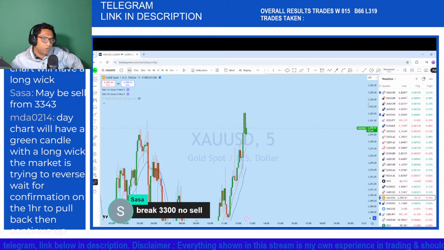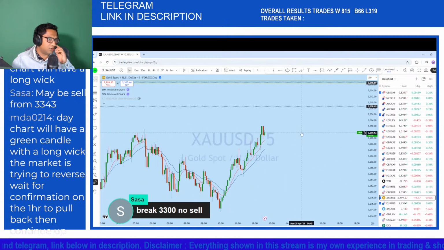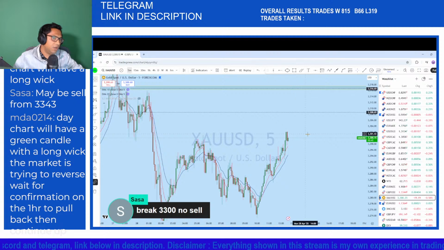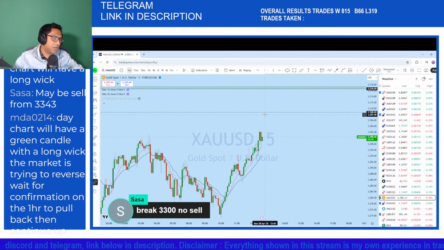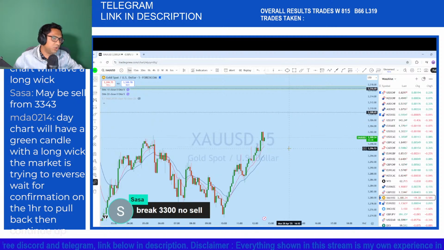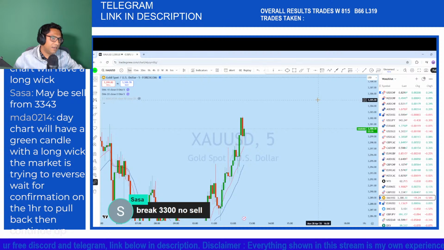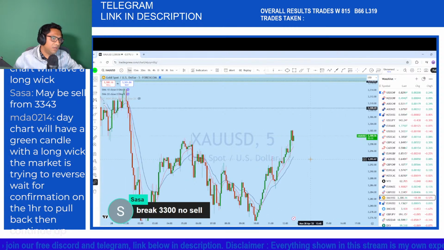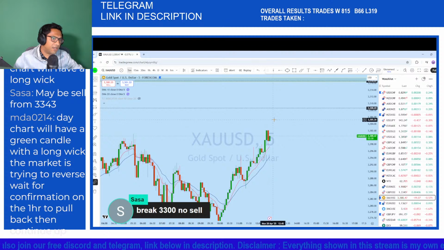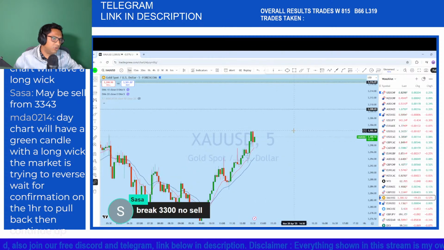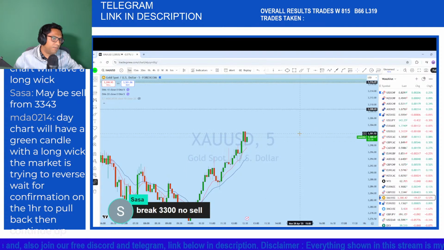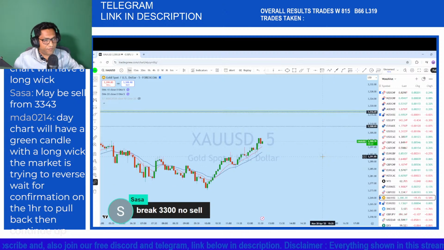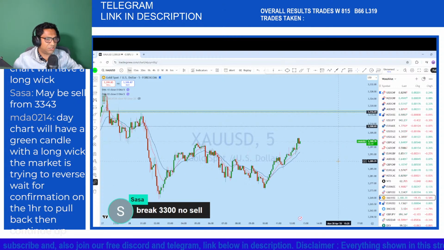So here what we can expect is a potential trend continuation to the upside for this possible move back to the daily level. And once we see the market has done that confirmation to the daily level, once the market has reached the daily zone, here we can look for a possible sell opportunity after a strong rejection from the top.